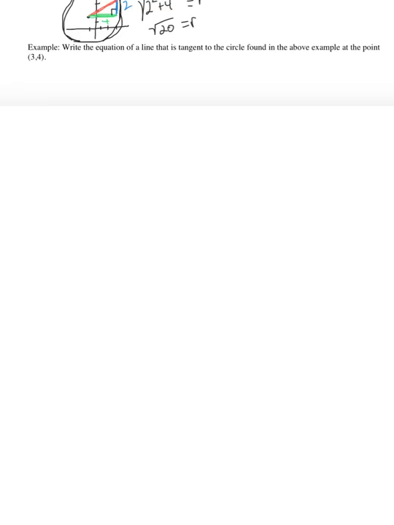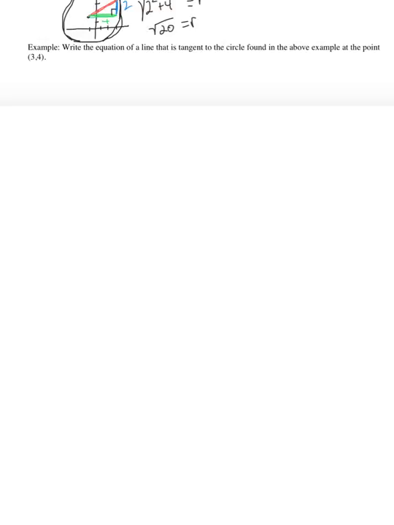Okay, in this last example, we have to write an equation of a line that is tangent to the circle found in the above example at the point 3, 4. All right, so let's go ahead and draw this picture one more time, or actually we can just use the picture above. That's what we'll do. And then we're just trying to find the equation of the line that's tangent to this circle.